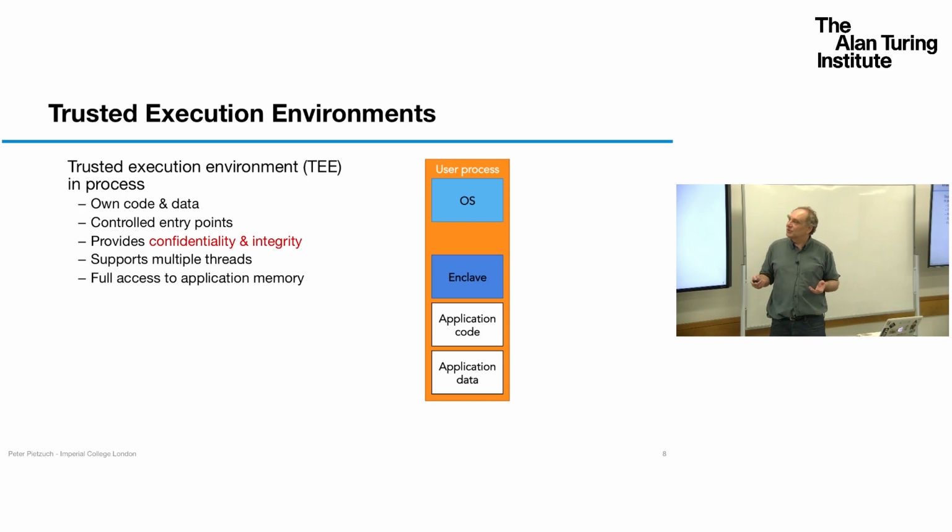So what does this basically do? Trusted execution environment is a generic term for this, and we talk about enclaves. We execute code in an enclave. We'll see how we get into the enclave, but it provides controlled entry points to start code in the enclave, to exit the enclave, and to move data in and out of the enclave. You have to be very careful there.